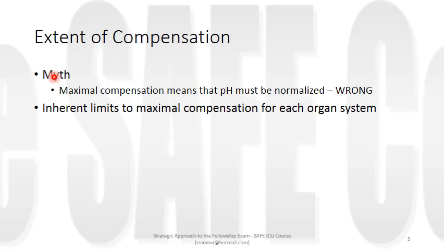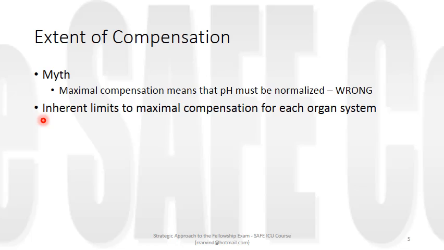And there are some problems with understanding the extent of compensation. There is a common myth that if you have maximal compensation, then the pH must have become normal. This is wrong. The pH returning to normal or not depends on the extent of the primary problem.